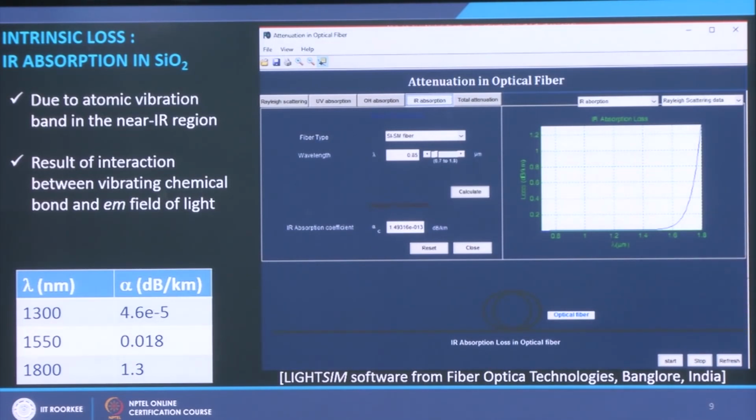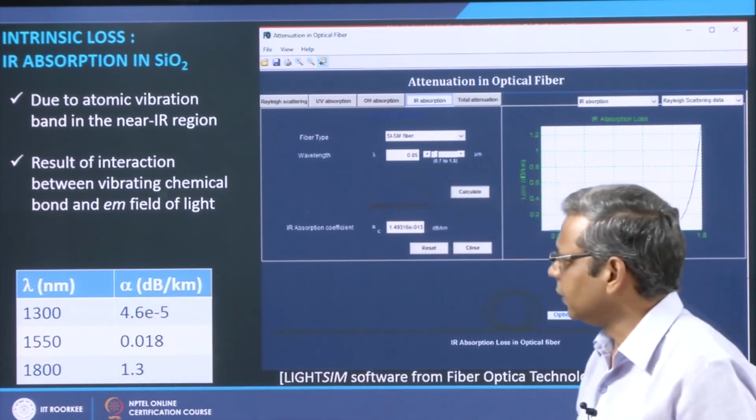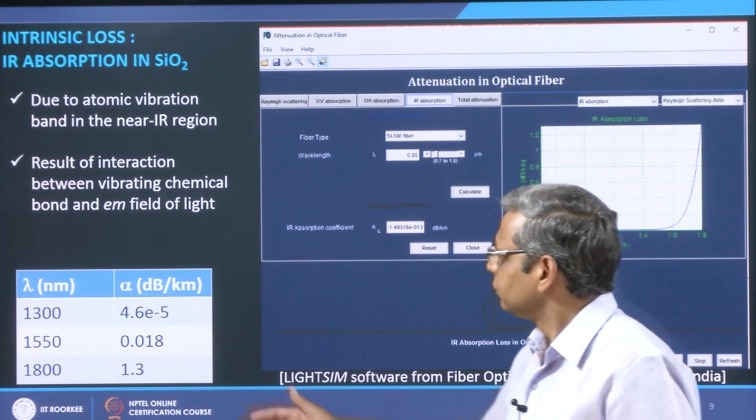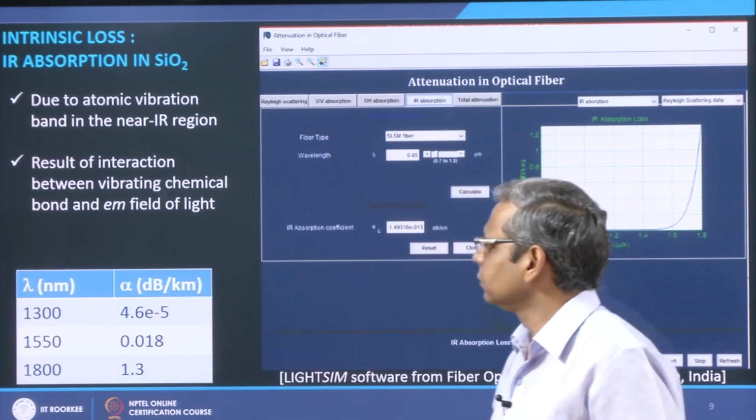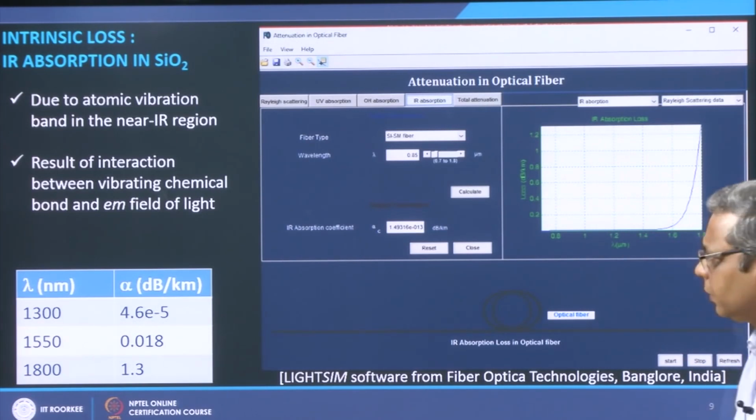wavelength range. I have marked here 3 wavelengths. At 1300 nanometer, it is very small, 4.6 times 10 to the power minus 5 dB per kilometer.